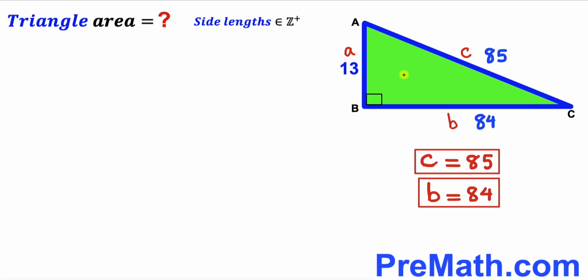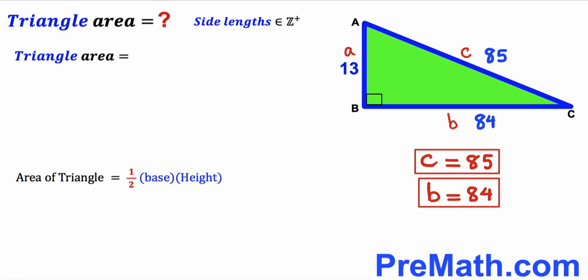And here's our final step. Now we are going to calculate the area of this green shaded triangle ABC. Let's recall the area of a triangle formula once again: area equals a half times base times the height of the triangle. In our case, the base of this green shaded triangle is 84, whereas the height is 13 units.